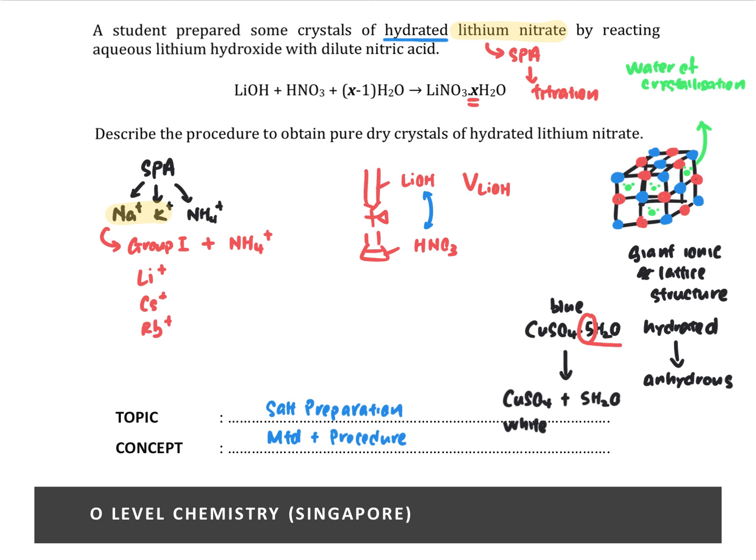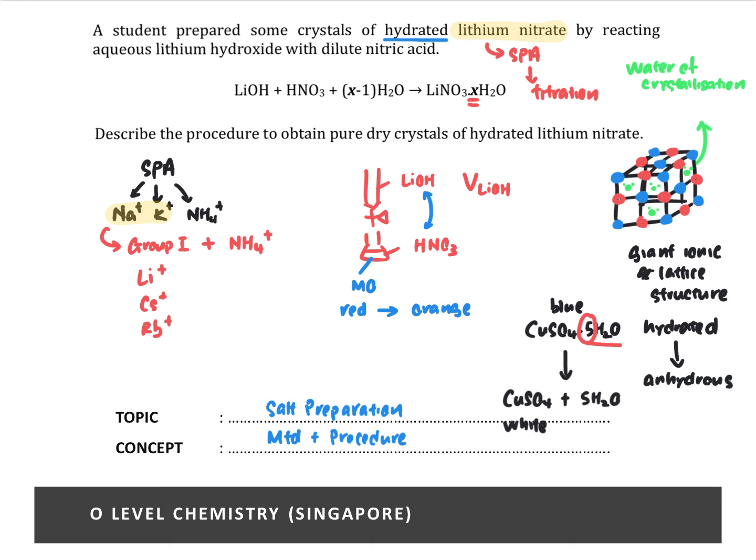The answer is no. There is no difference. There's no preference as to which one must go into the burette or pipette. The only slight difference would of course be the color change of your indicator. For example, if I place nitric acid in the conical flask and I use methyl orange as the indicator, the solution will change from red to orange.